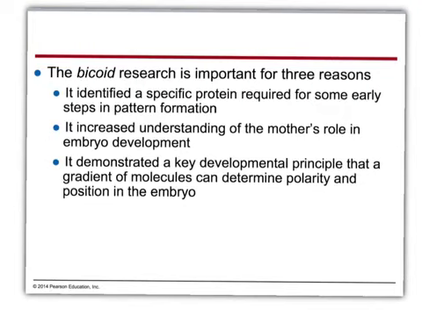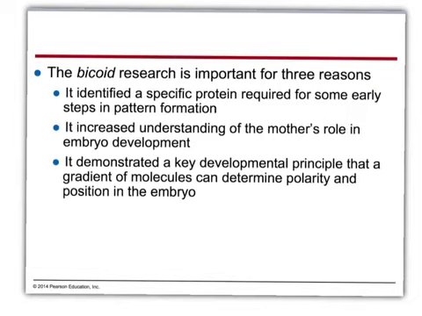All right, why is this important? It identified a specific protein required for some early steps in pattern formation. All right, so bicoid ends up becoming a transcription factor, where it's high, where it's present, it determines the expression of certain homeotic genes, right, which then tells it's head formation versus thorax, etc. All right, it helped increase the understanding of the mother's role in development.